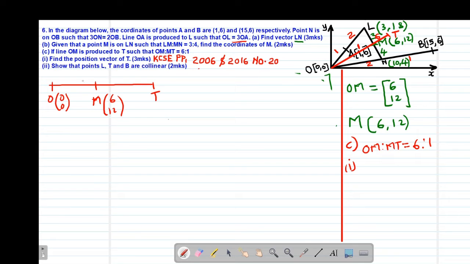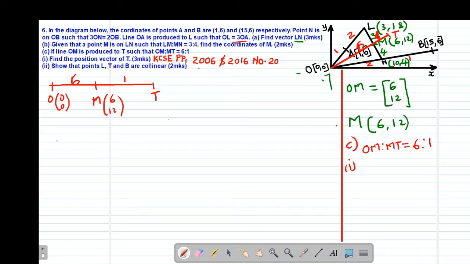Then we are given the ratio of OM to MT, which is 6 to 1. So OM is 6, then of course MT is 1.